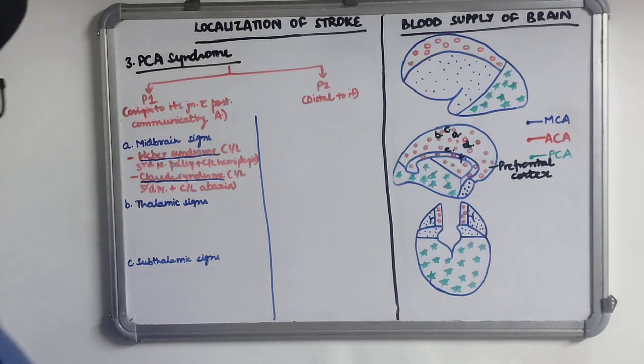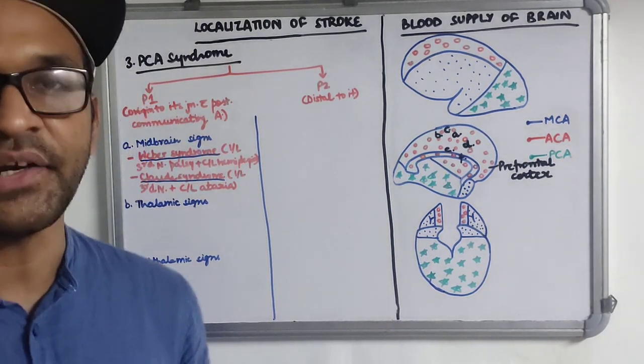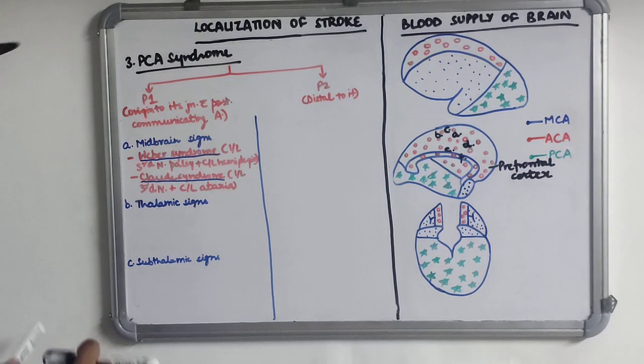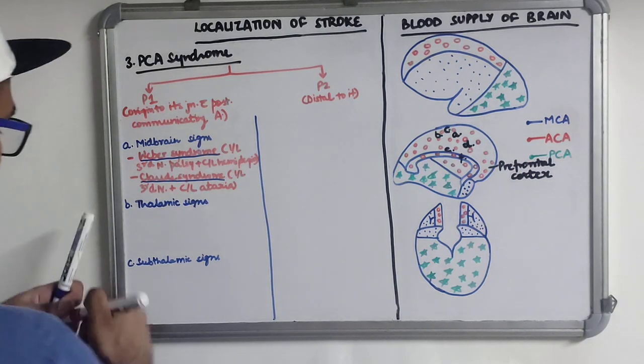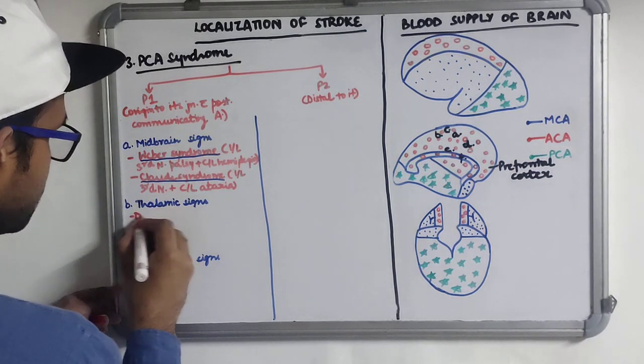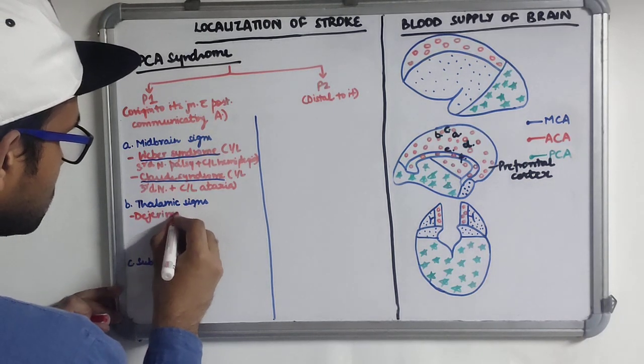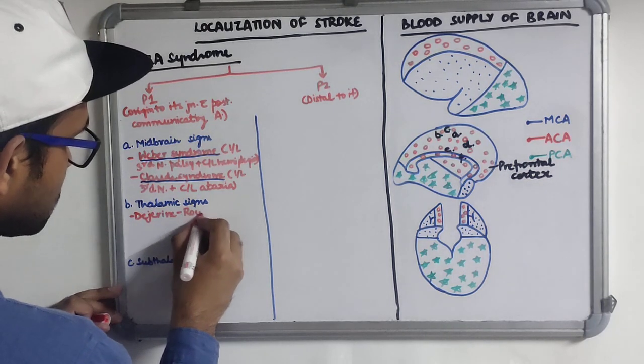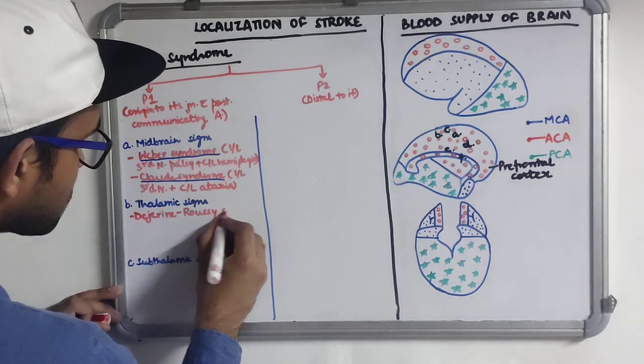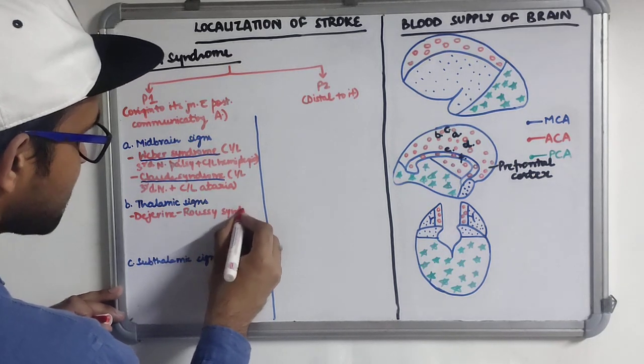Thalamic signs: if there is involvement of the medial thalamus, it results in a syndrome known as Dejerine-Roussy syndrome. Now what is it?